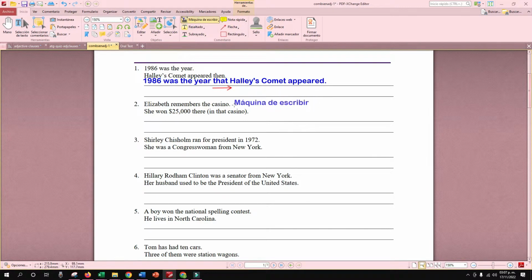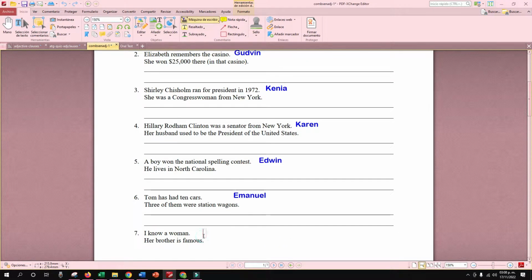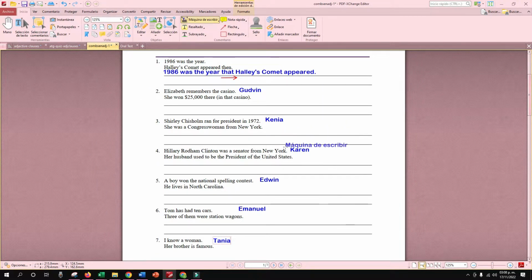We have 6 students, so Mr. Goodwin, you're going to be the number 2. Kenya, Karen, Edwin, Emmanuel, and Miss Tanya, right? So I want you to work in your sentence, guys. You need to combine them.